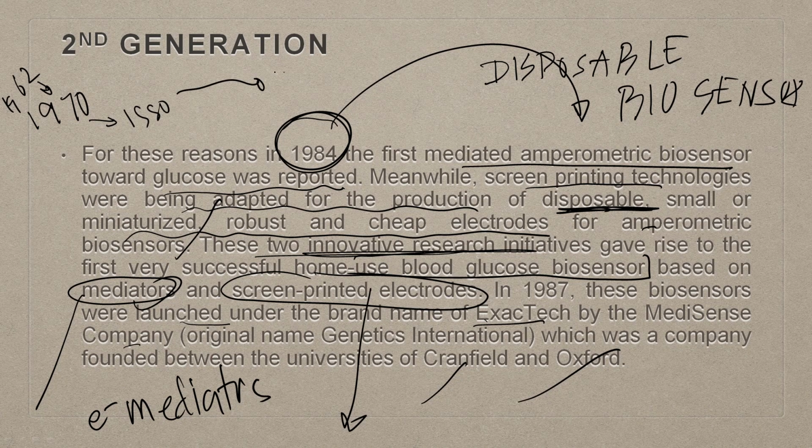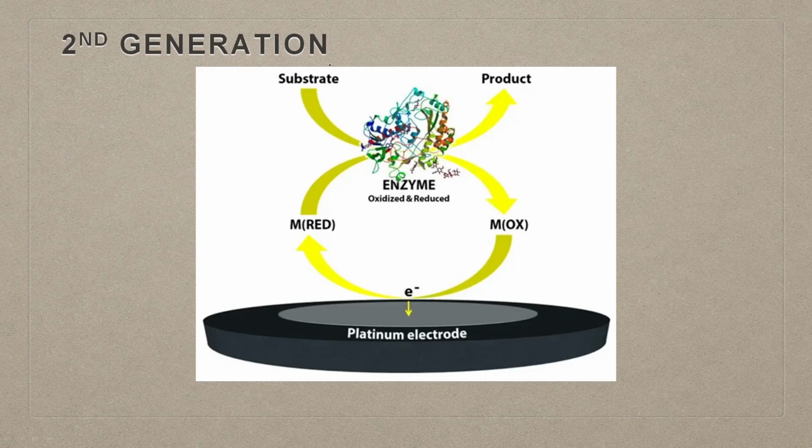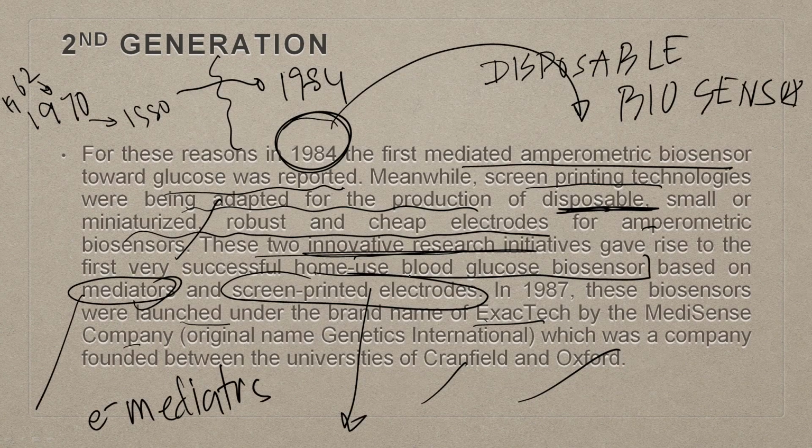The second generation started with 1984 onward. Now, substrate, product, and here you have some mediator which is taking care of this reaction. Those mediators are one of the major landmarks in the process apart from screen printed electrodes.